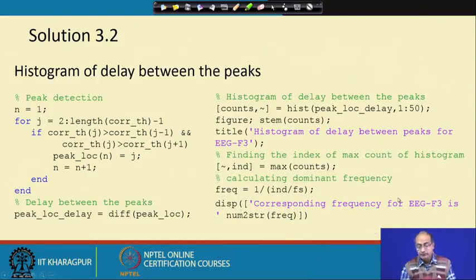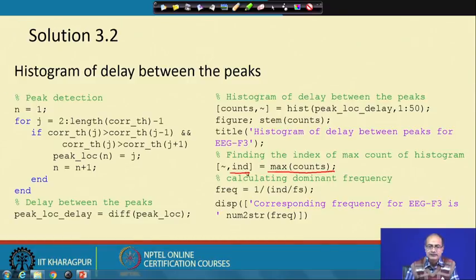Okay. Before we go for the plot, we check for a few more things. After the histogram, we would like to see where the count is maximum, in which bin the maximum counts are there, that is, we are getting the mode of the delay, and we find out the location of that.